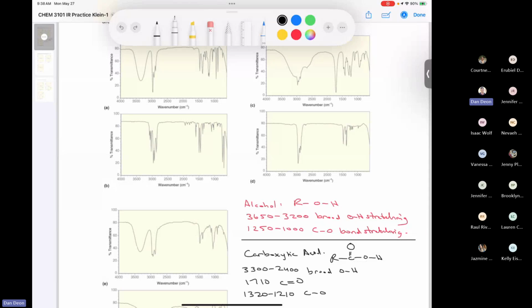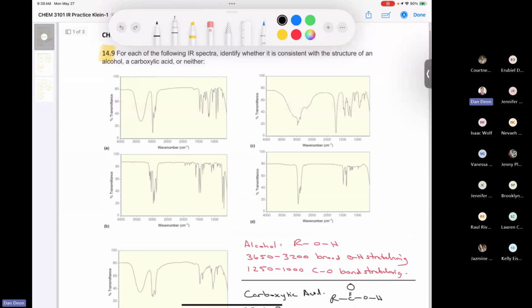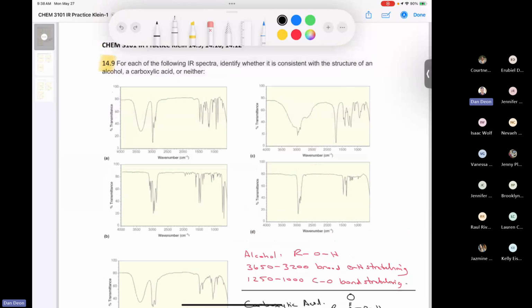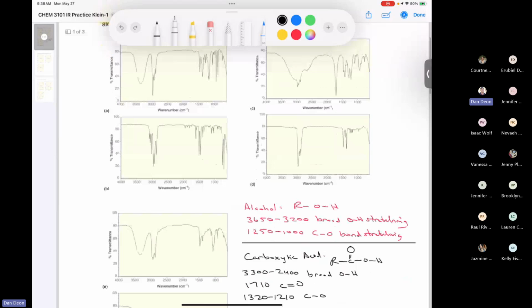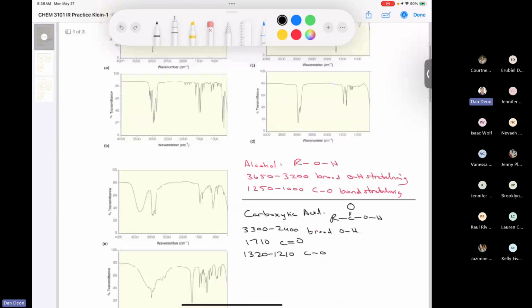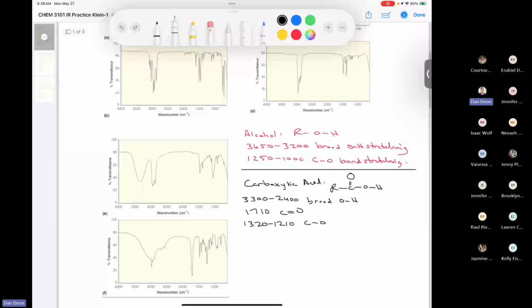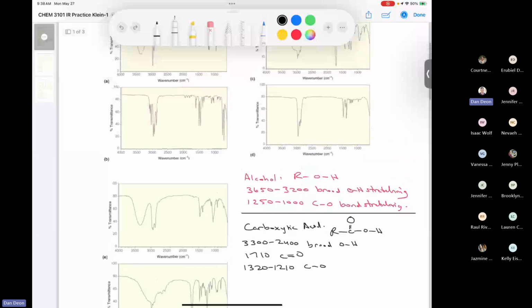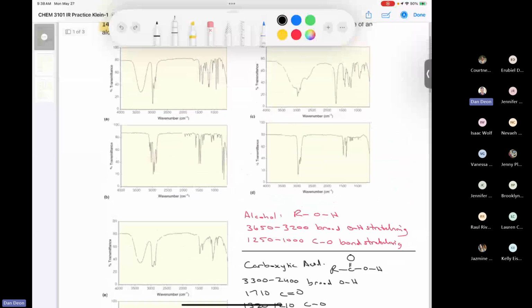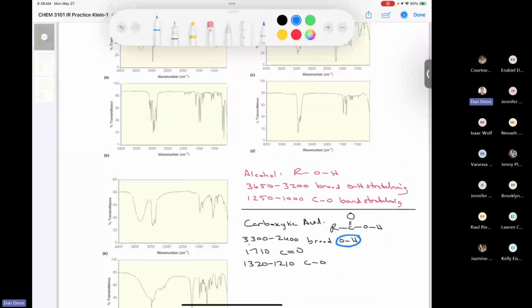Anyhow, now that we know what we're looking for, if we just take a look at all six of them quickly, so there's A, B, C, D, E, and F, it becomes abundantly clear which ones are the carboxylic acids. Why can I say that? It's because whichever ones have these broad oxygen-hydrogen stretches, which go on forever, from 3,300 to 2,400.